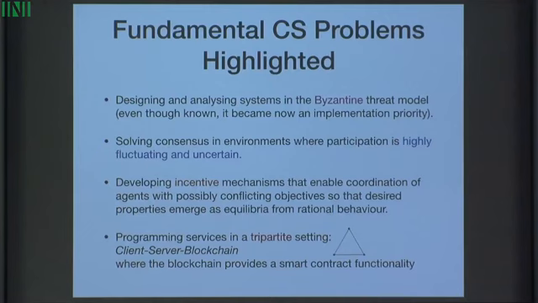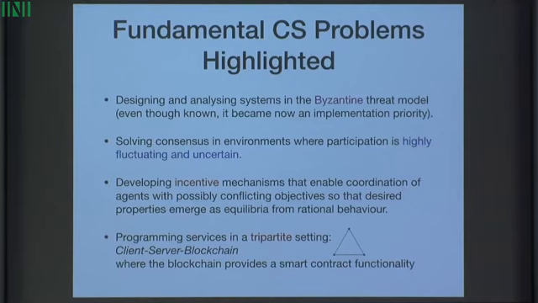And finally, another very interesting question is that from a programming point of view, there is this new paradigm for organizing services in a tripartite setting, where it's not just a client and server, but a mutually distrusting client and server that operate together with a third entity, which is the blockchain.